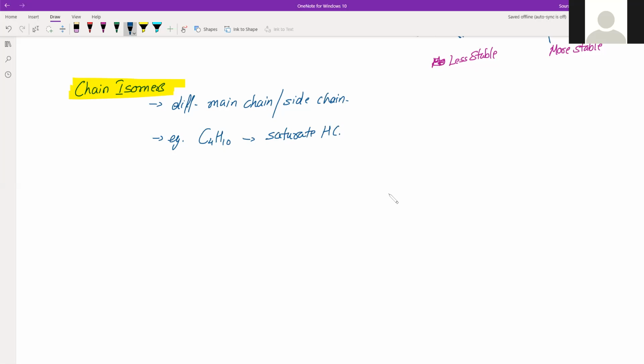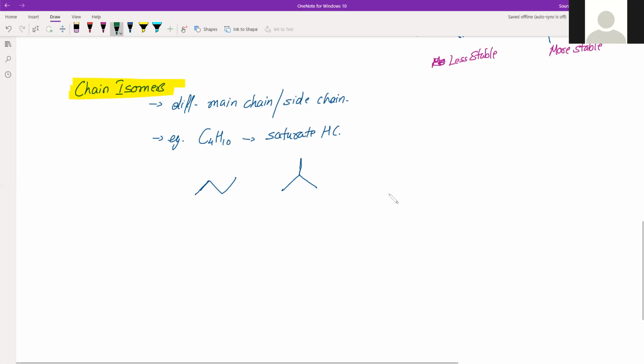It can have different main chains. For example, like this, the simplest. This is your C4H10, and it can have a different chain length. For example, I can have this. There are 3 carbons here and one more CH3 group attached to this carbon.